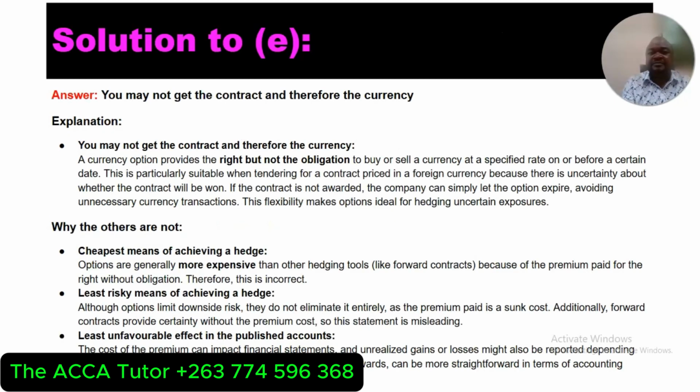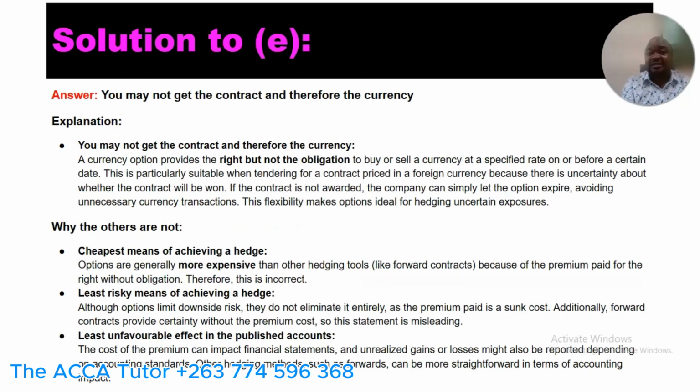That's my thinking. Okay, I don't know what the examiner was thinking. So obviously my thoughts were correct. You may not get the contract and therefore the currency. Let us hear the explanations. A currency option provides the right but not obligation to buy or sell a currency at a specified rate on or before a certain date.